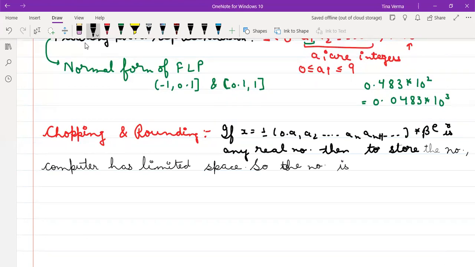The number that is stored is the approximated number.